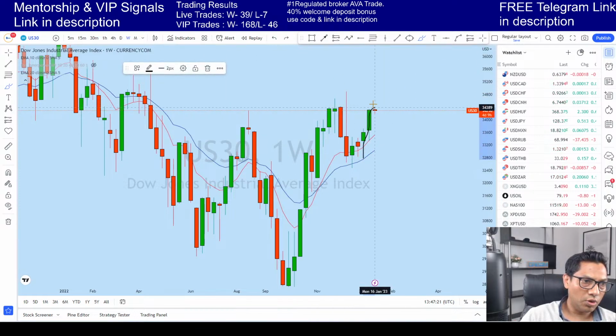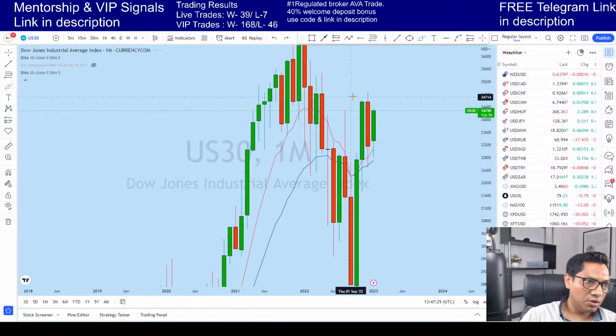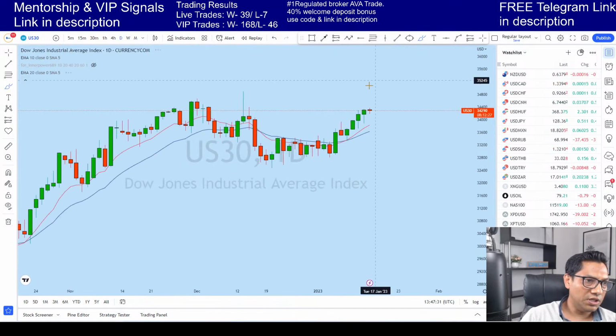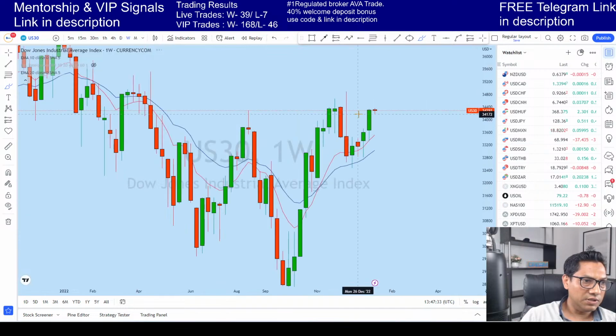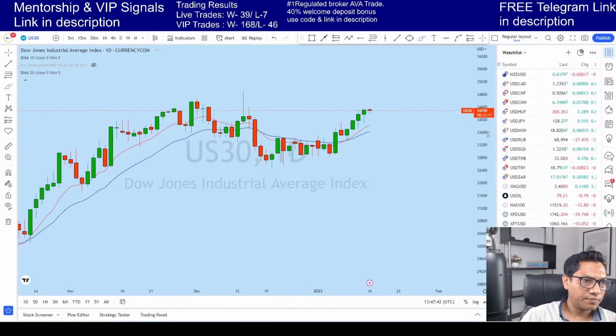These two are bullish candles, but at the same time the price came to a zone where previously there was a big rejection. So this zone that we see is a seller zone. So that's price action on the monthly and then weekly. Let's look at daily.